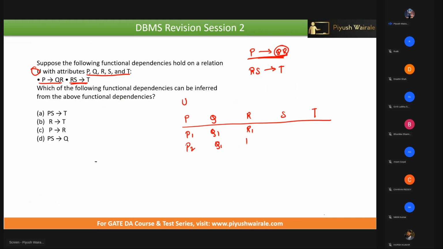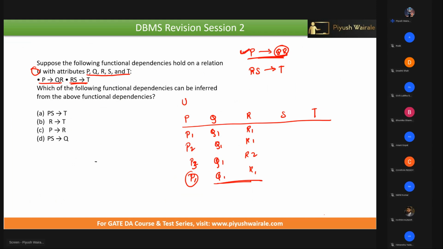Okay, so Q1 again can take R1 here, P3 can take Q1 R2 like that. But if I have P1 again in the column, it must be Q1 R1 only. So the left hand side value uniquely determines the right hand side value. Okay, this is about P determines QR.